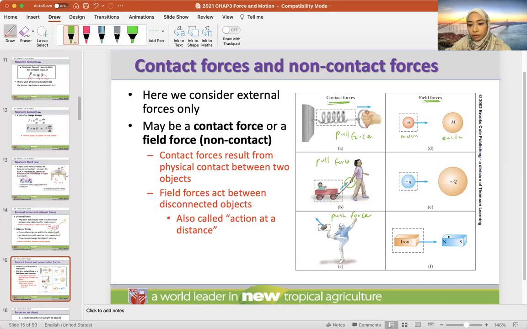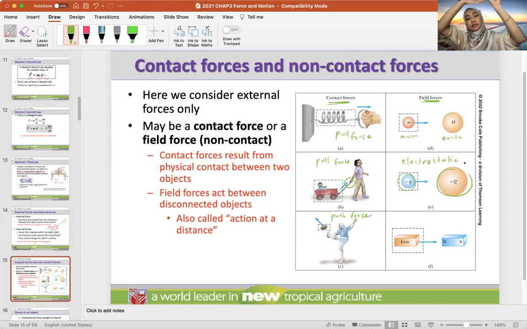Then we have two charged particles here. This is called electrostatic force, between two charged particles. One is negatively charged and the other is positively charged. When you rub a balloon with cloth, you are removing some of its positive charge, so it becomes negatively charged, and then you put it near your hair.